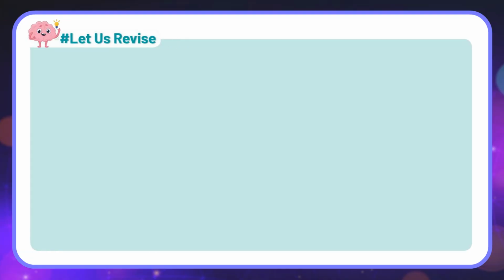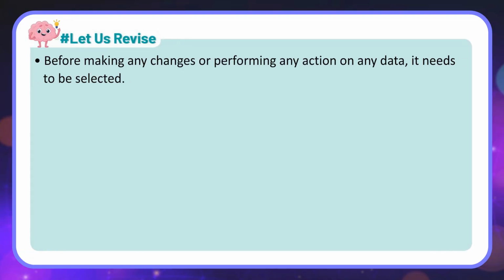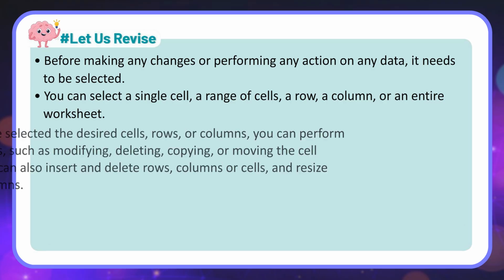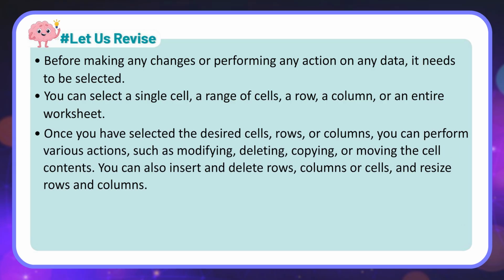Let us revise. Before making any changes or performing any action on any data, it needs to be selected. You can select a single cell, a range of cells, a row, a column, or an entire worksheet. Once you have selected the desired cells, rows, or columns, you can perform various actions, such as modifying, deleting, copying, or moving the cell contents.